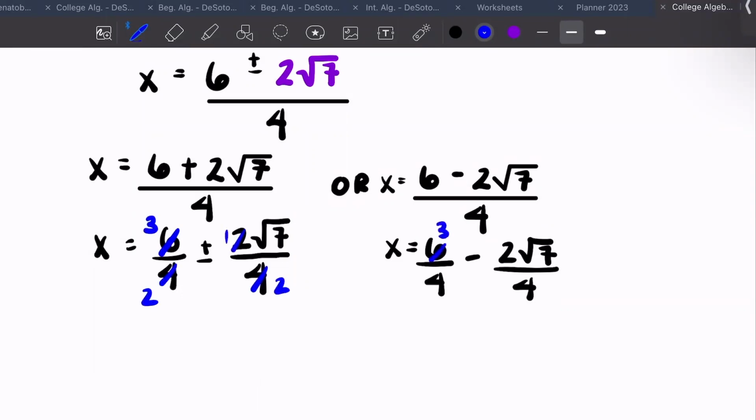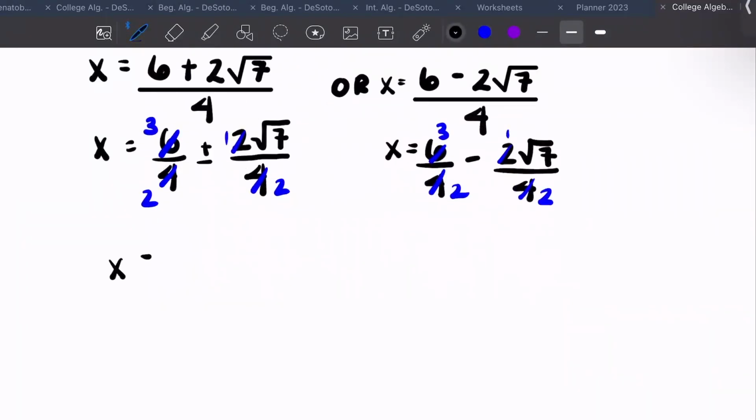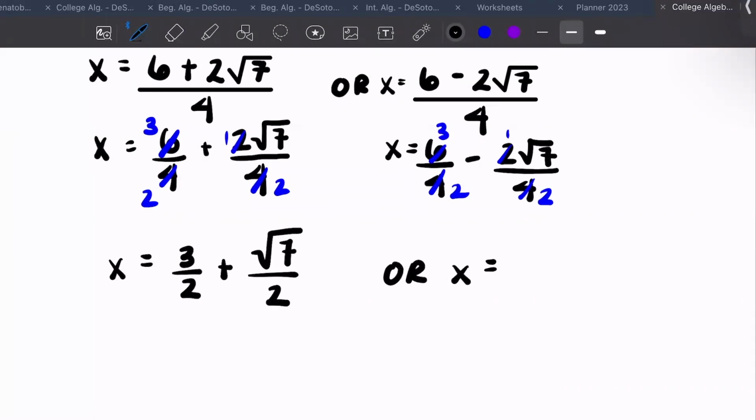And same thing over here, 3 and 2 and 1 and 2. So we get that x equals 3/2 plus the square root of 7 over 2, or x equals 3 minus the square root of 7 over 2.